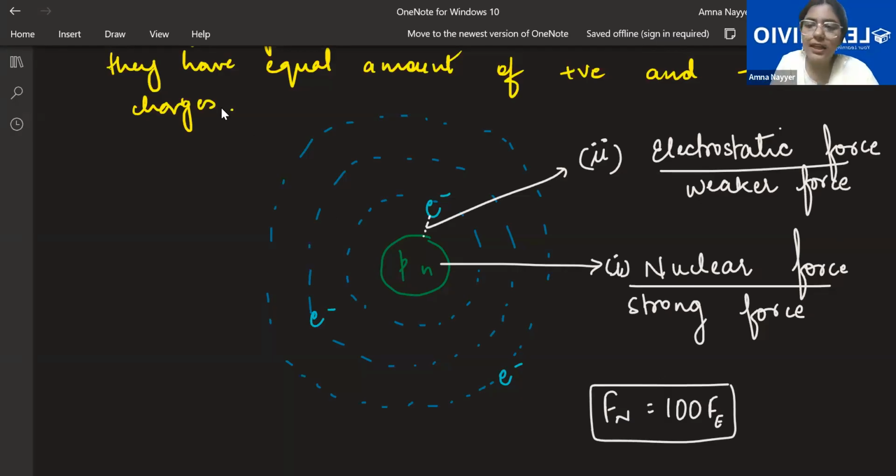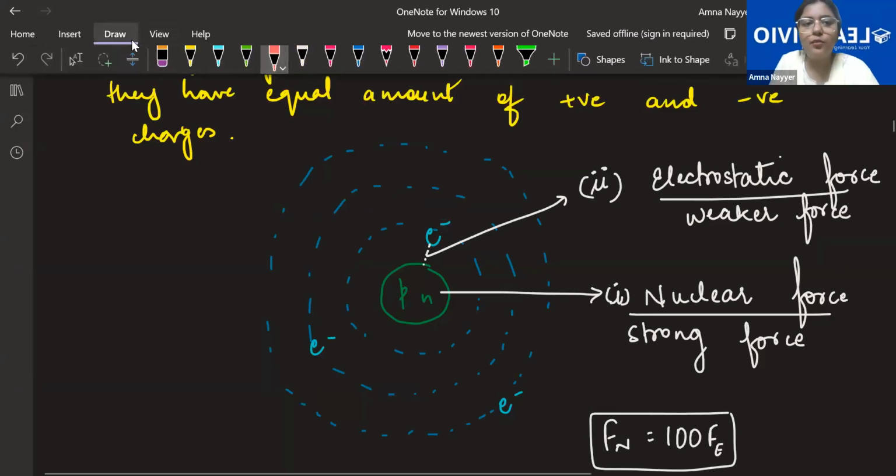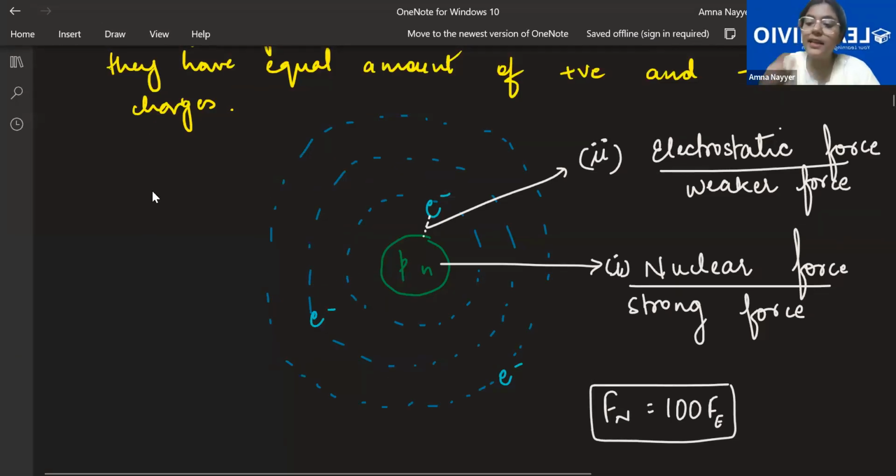So you tell me, if in the nucleus the protons and neutrons are held tightly because of the strong nuclear force, while the electrostatic force is weaker, which particle will be easily escapable? Will the electron be easily able to move, or the protons? What do you think?